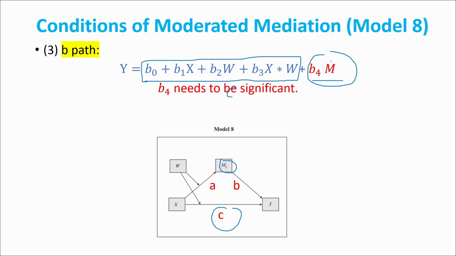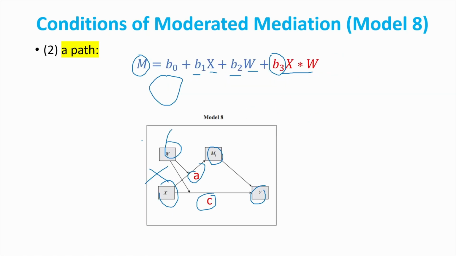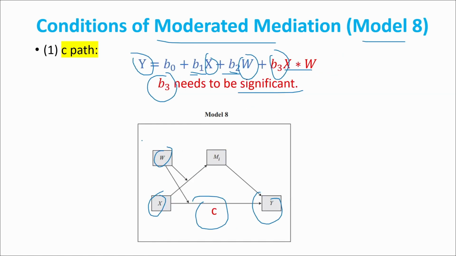You again might have a question about B1, B2, and B3. It doesn't really matter. The only thing I would like to comment on is that the absolute value of B3 in this step should be smaller than the B3 in the first step, the C path, without any mediator.